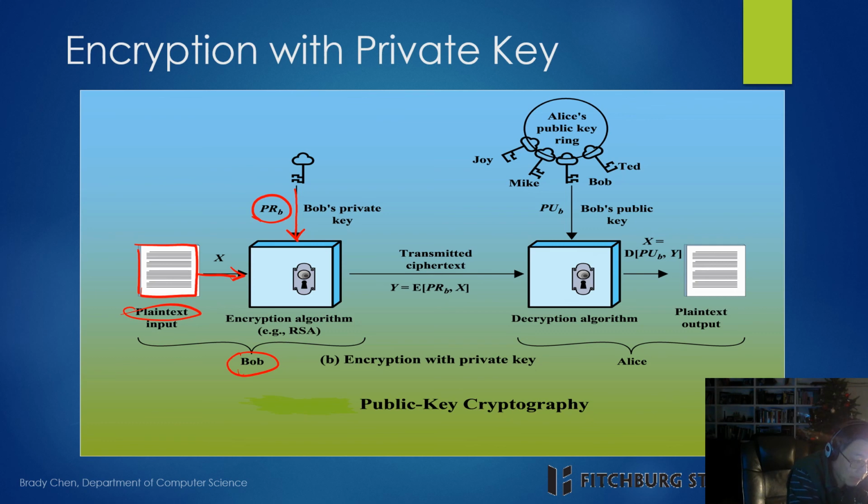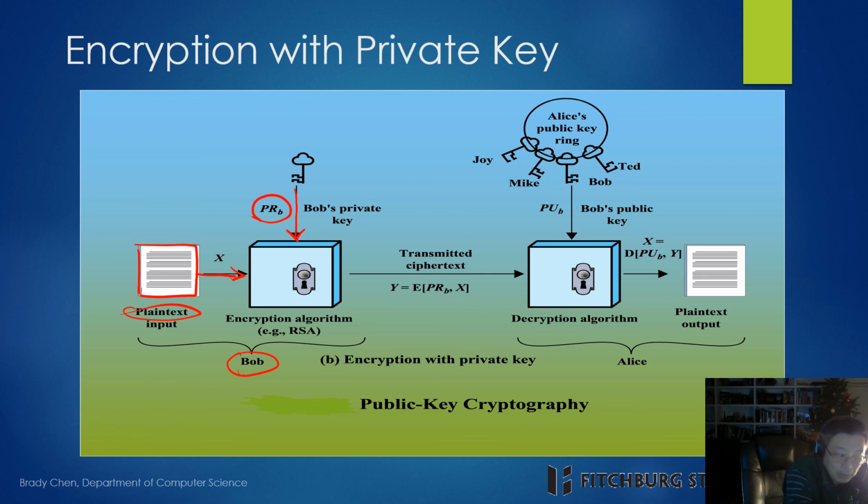Remember, that's different, because in the previous slide, Bob sent Alice the message using Alice's public key. Once the message is encrypted using Alice's public key, only Alice's private key can decrypt the message. No one else can. So this way, we can guarantee that Bob's message will be seen by Alice only.